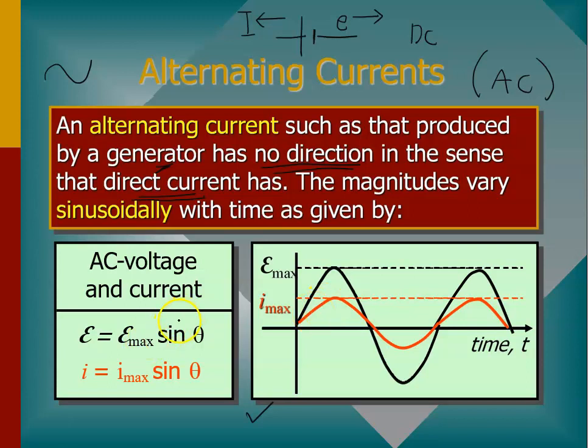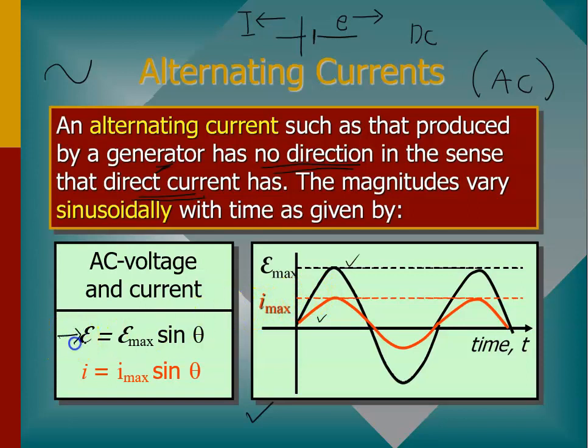Bear in mind that I maximum, or current maximum, is always lower than the EMF maximum. This is a sketch of the graph for current and EMF versus time. The red line represents the current, and the black line represents your EMF.